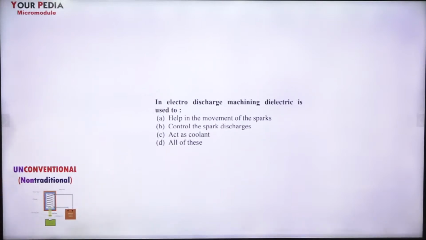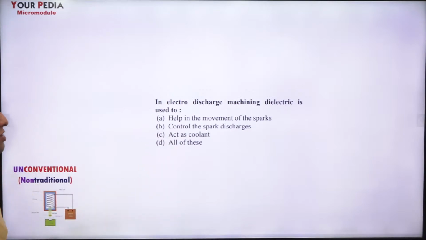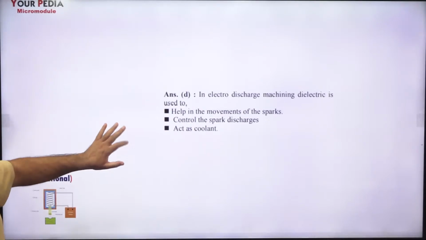Why do you use dielectric in electric discharge machining? All of these: it acts as coolant, controls the spark discharge, and helps in movement of spark. So the answer is all of these.